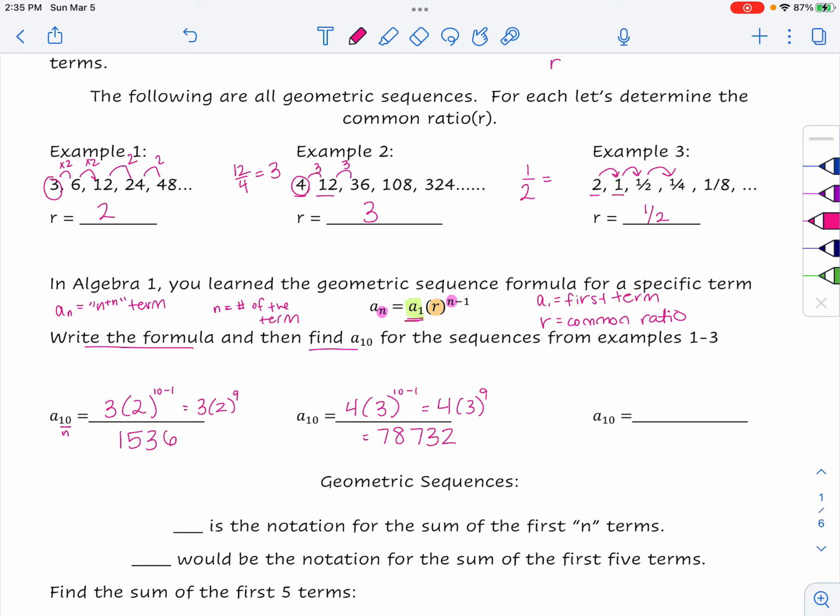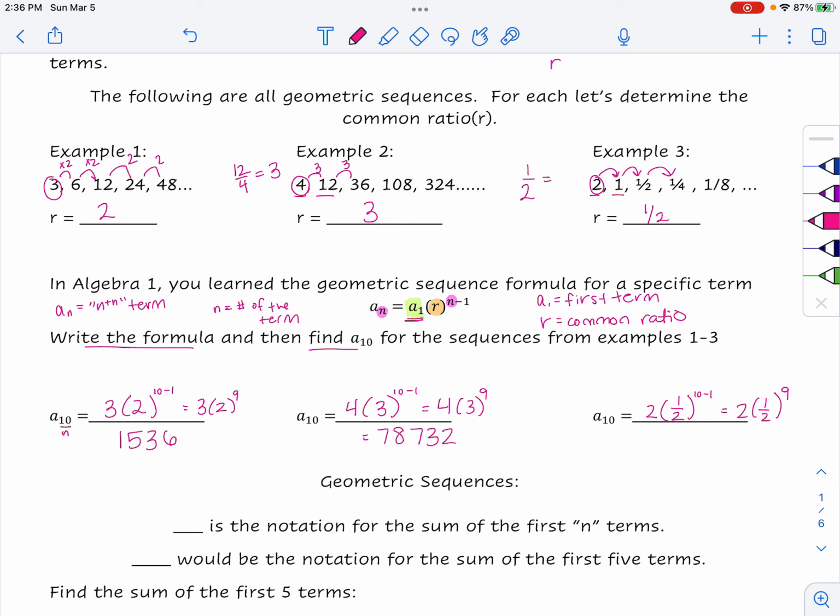All right, and the last one for example 3. Again, I'm going to start with the first term, which is 2. So 2 times r, which is 1/2, to the n minus 1 power. So this becomes 2 times 1/2 to the 9th power. I'm going to plug it into my calculator. Be careful when you plug it into your calculator.